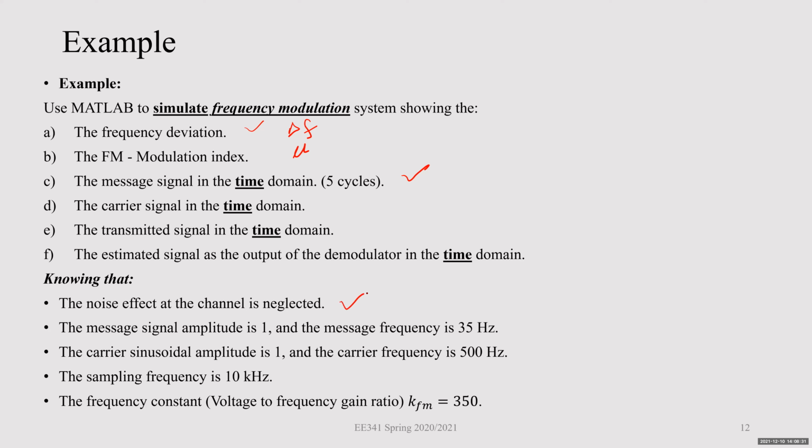Here in this case the noise effect is neglected, so you don't have to add noise. So these are the data for the message and carrier. 35 hertz is the message signal frequency, 500 hertz is the carrier frequency, the sampling frequency is 10 kilohertz, and then kf is 350, which is the frequency sensitivity, or voltage to frequency gain ratio.